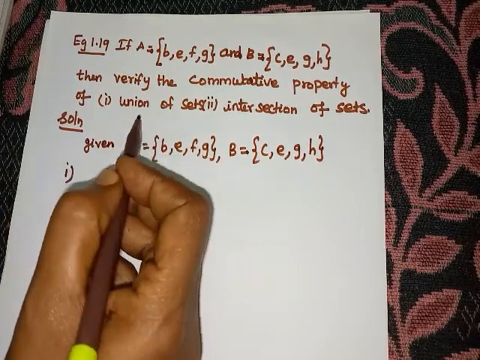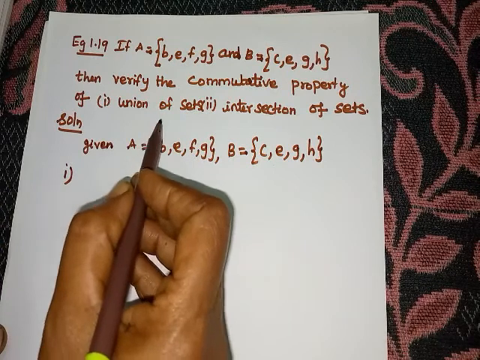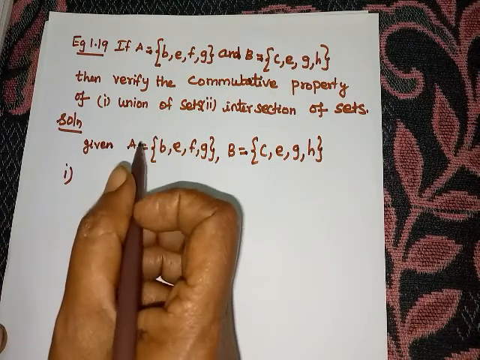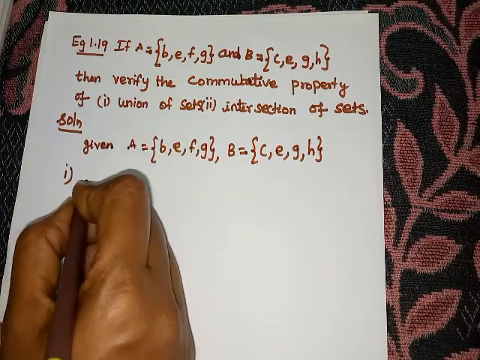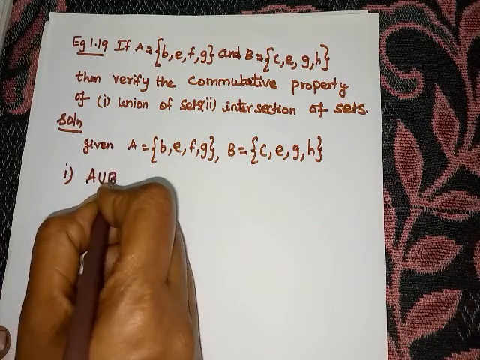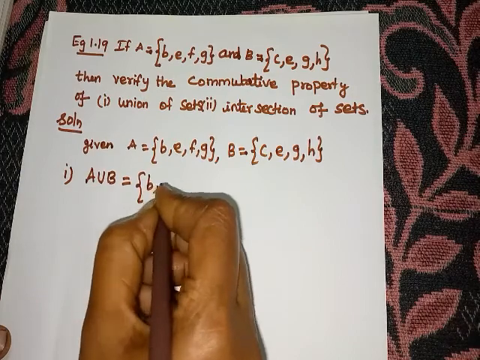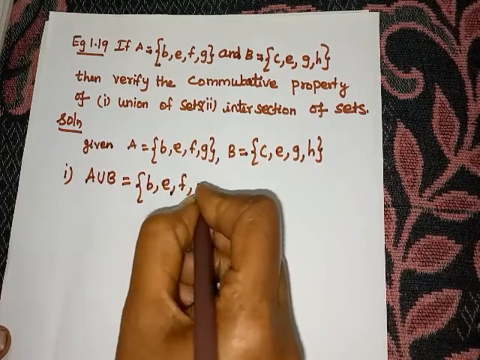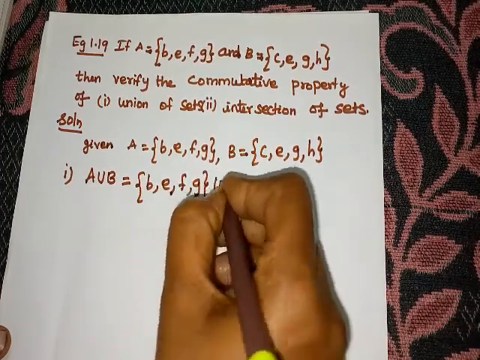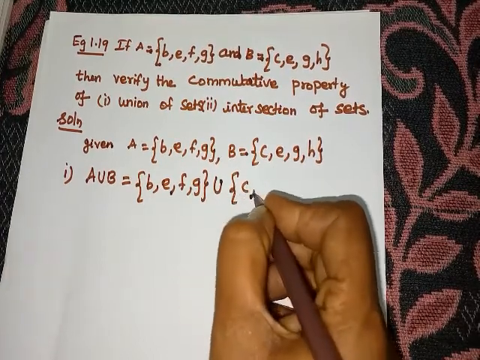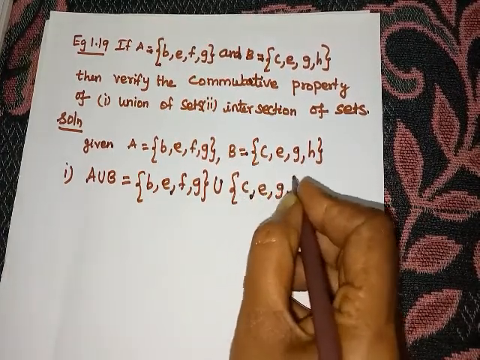So we have to prove A union B is equal to B union A. First of all we have to find A union B, which is A set union B set. That is {B, E, F, G} union {C, E, G, H}.